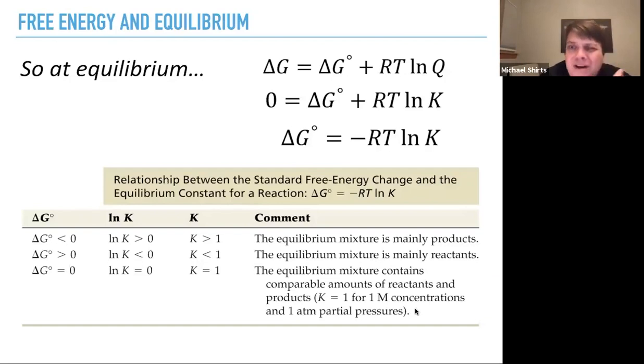And you might think, well, what if I'm measuring things in pressures versus concentrations? That's okay, because remember, the standard state for gases is defined as 1 atmosphere for both K and G. If it's for things in solution, then the standard state is defined as 1 molar for both K and G. So you don't have to worry about units as long as you're using the same definitions of the standard state for both your free energies and your equilibrium constants.